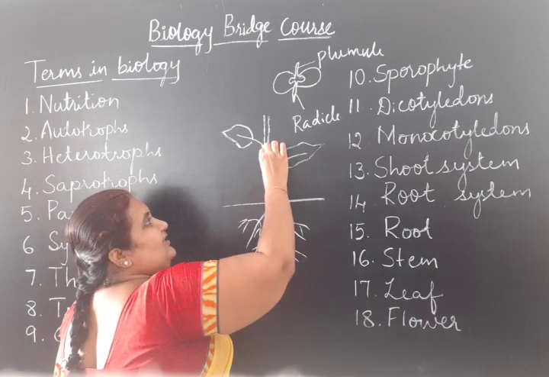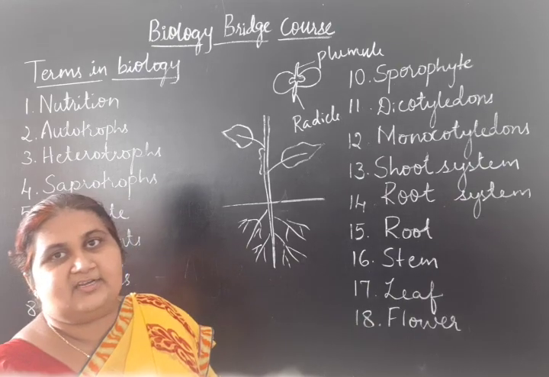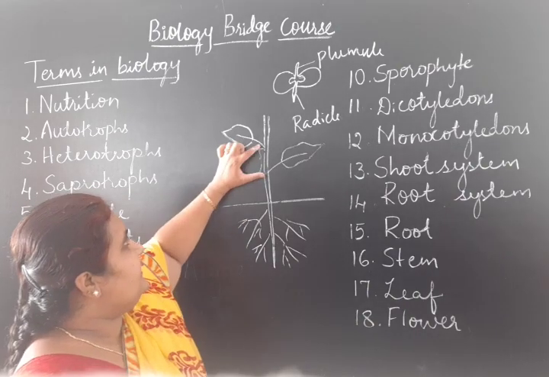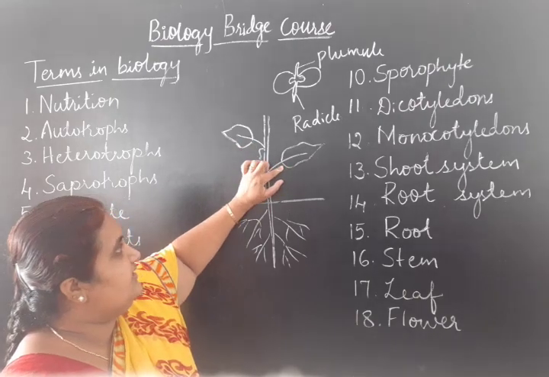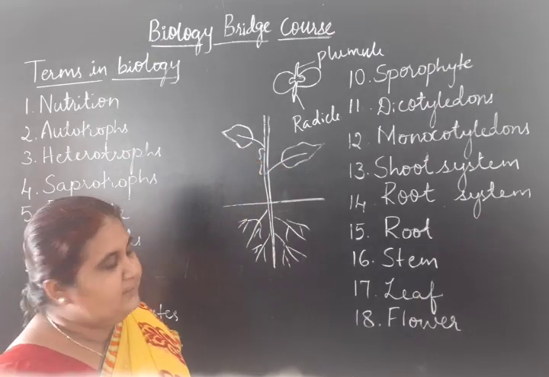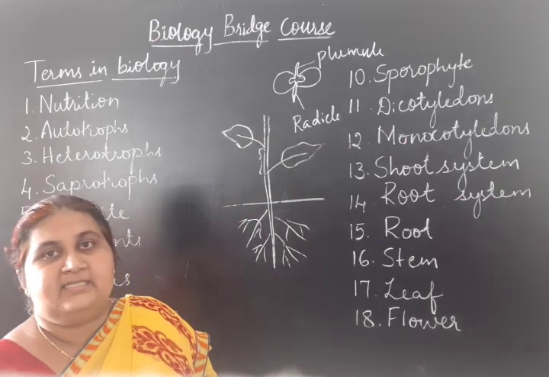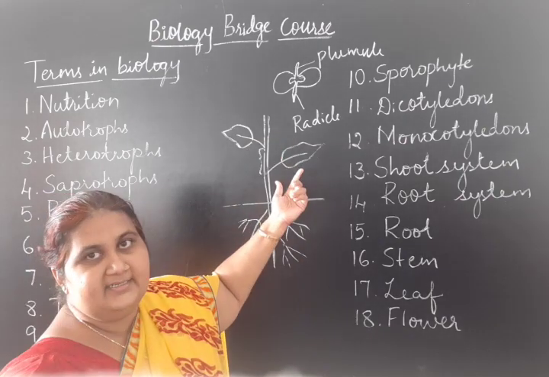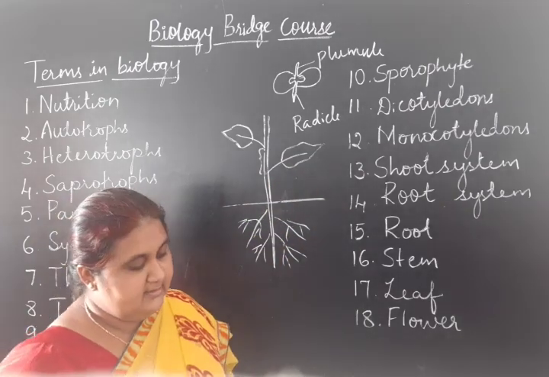This is called an internode. At each node on the stem, the leaves are produced. The leaf is generally flattened and develops on the stem at the nodal region.